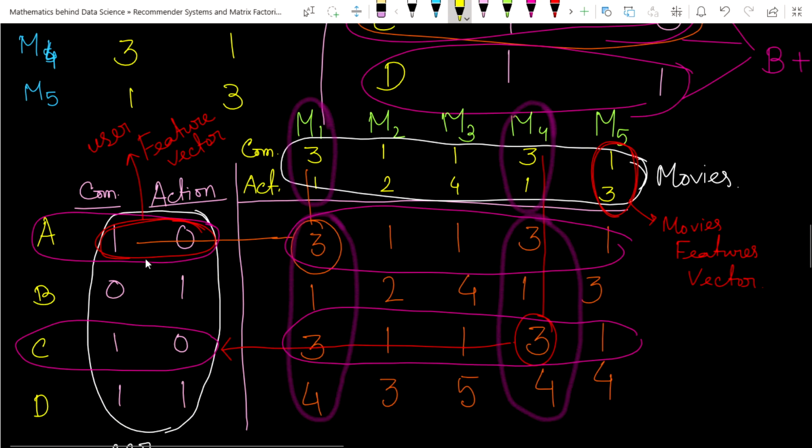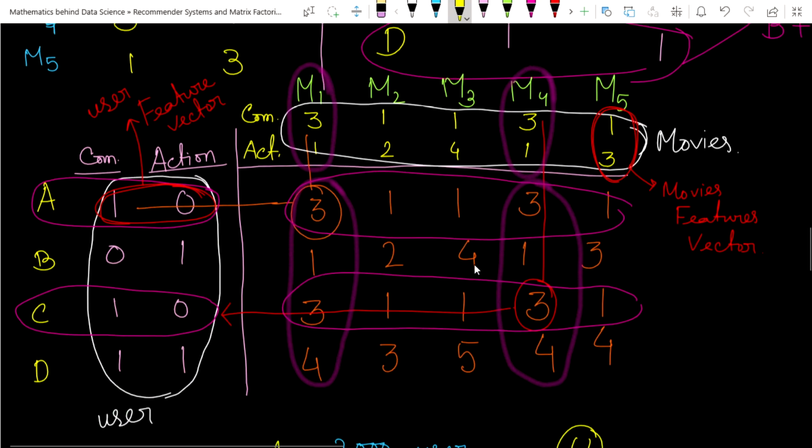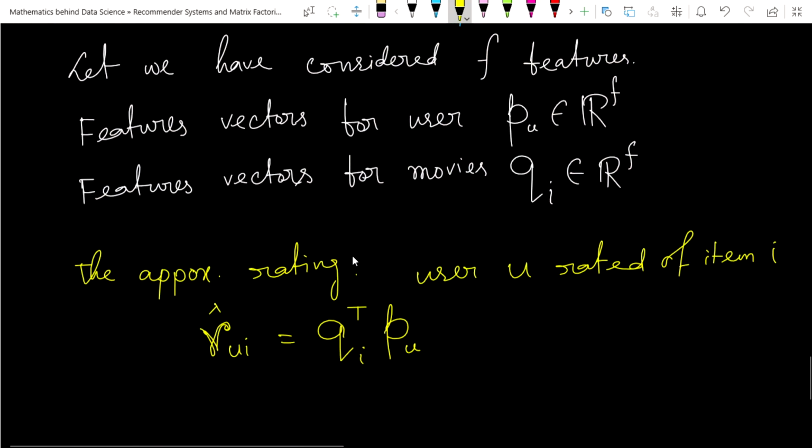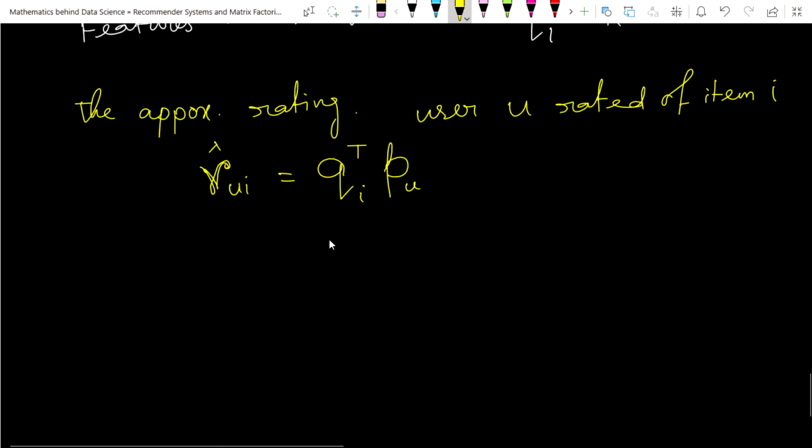Any one of them we have to transpose. This is the approximation rating that user u has given on that one item.